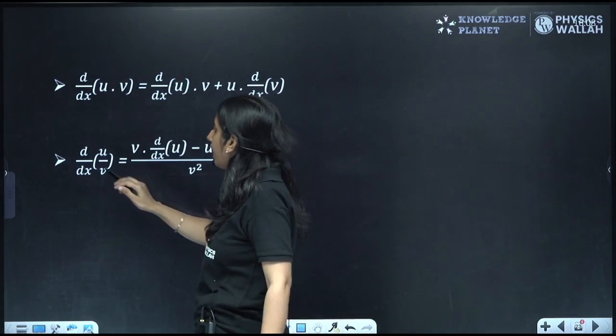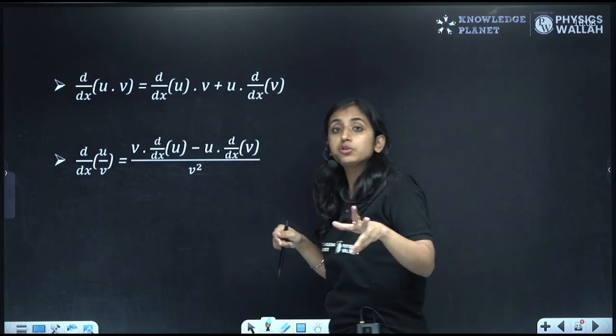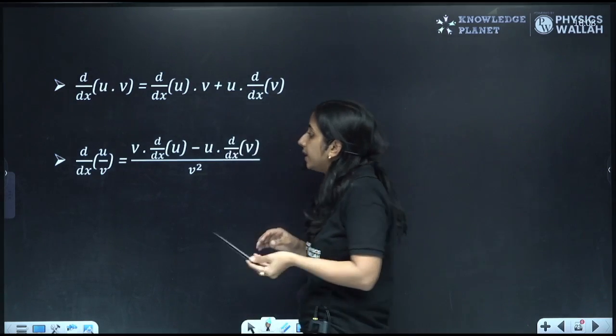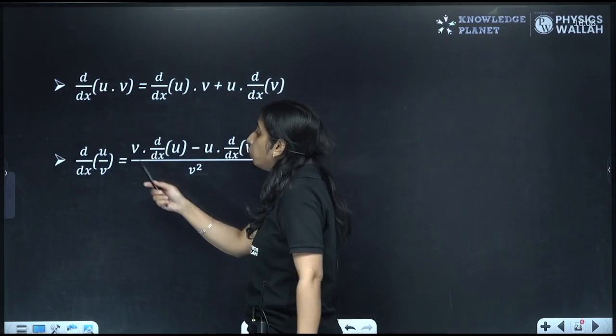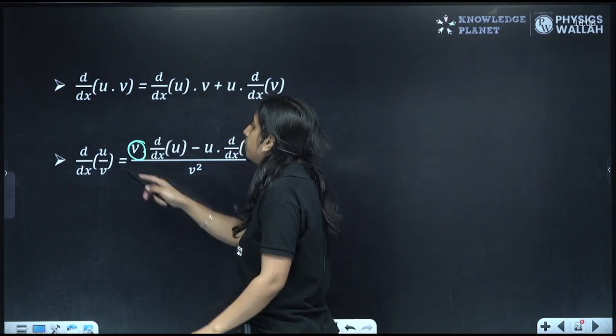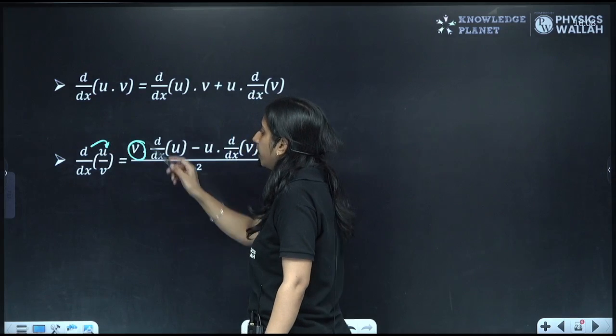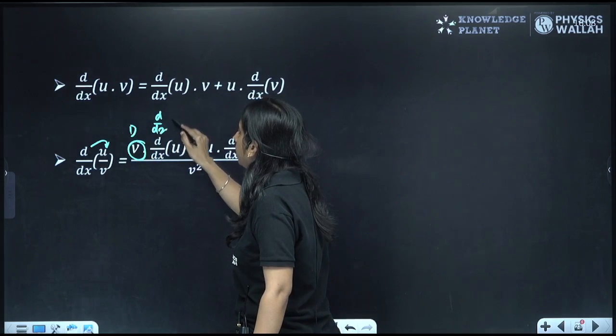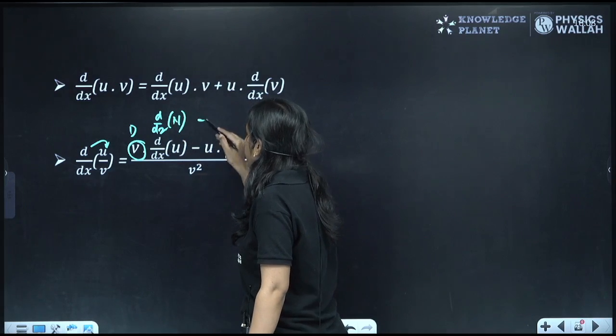Next, if I have differentiation of division of two functions, differentiation of u by v, then we keep the denominator as it is, differentiate the numerator, then put a minus sign.